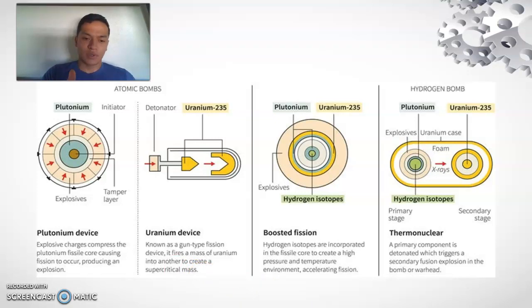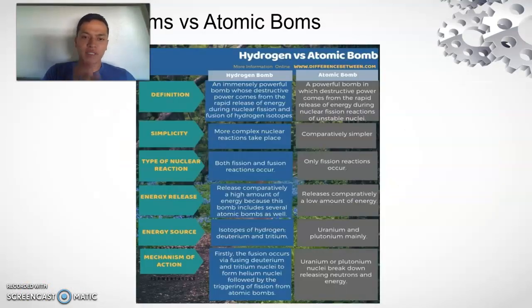Now let's look at the prime differences between a hydrogen bomb and an atomic bomb. As we can see, the hydrogen bomb is immensely powerful compared to an atomic bomb, which is also very destructive.